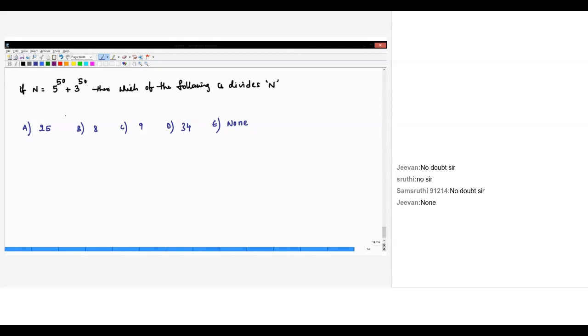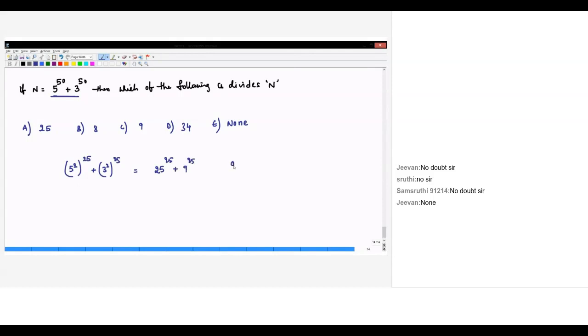Everyone answered E and okay. Just one of you answered it is A, B. But see here, can I write, because it is in the form of A power n plus B power n is even, you can't split it, but can I write it as 5 square to the power of 25 plus 3 square to the power of 25? I can write it as 25 to the power of 25, 9 to the power of 25.